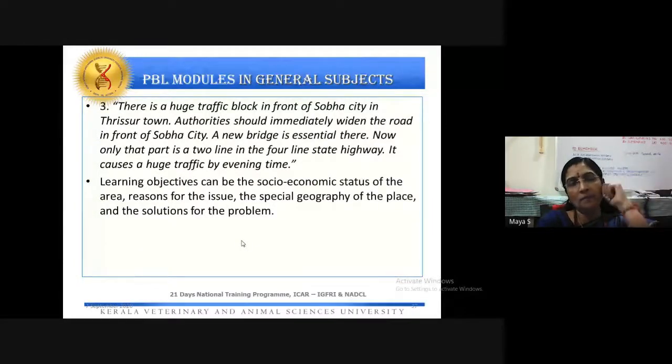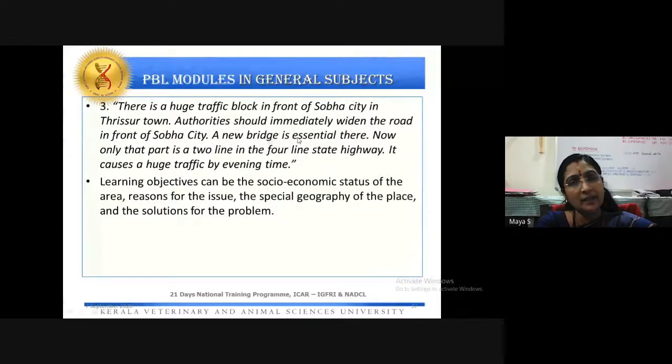So that is a problem which can be given to different subjects or general subjects, say, for example, to humanities. Here, the learning objective will be to understand the socio-economic status of that particular area, the reason for that issue, and the special geography of that place. Because there is a bridge lying near that area, and it is a narrow passage.